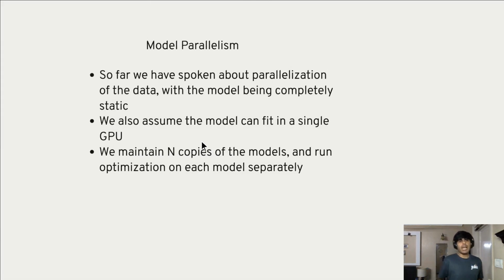But what is actually happening with model parallelism? So far in data parallelism, what has happened is that we have been restricted in the size of our model still. Why is that? Because we make an inherent assumption that the model can actually fit into a single GPU, which may no longer be the case when we work with many modern transformers, right? That is untenable.